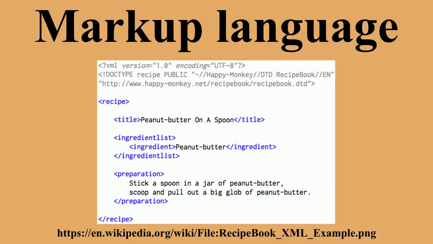SGML found wide acceptance and use in fields with very large-scale documentation requirements. However, many found it cumbersome and difficult to learn, a side effect of its design attempting to do too much and be too flexible. For example, SGML made end tags optional in certain contexts, because its developers thought markup would be done manually by overworked support staff who would appreciate saving keystrokes.